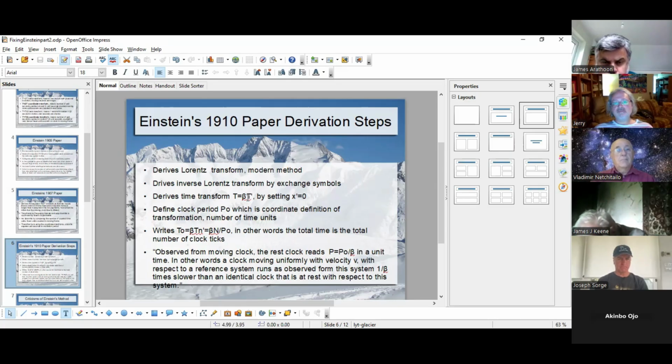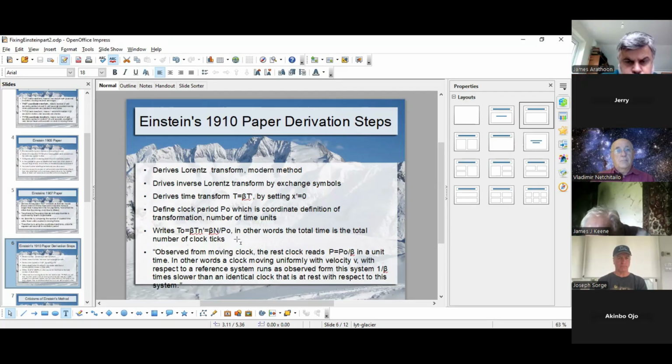So now we know that it is a coordinate transformation because the coordinate transformation is counting the number of periods of the clock oscillator, or if you will, ticks of the clock. So in other words, the total time is the total number of clock ticks. Yeah, right. That makes sense, right?